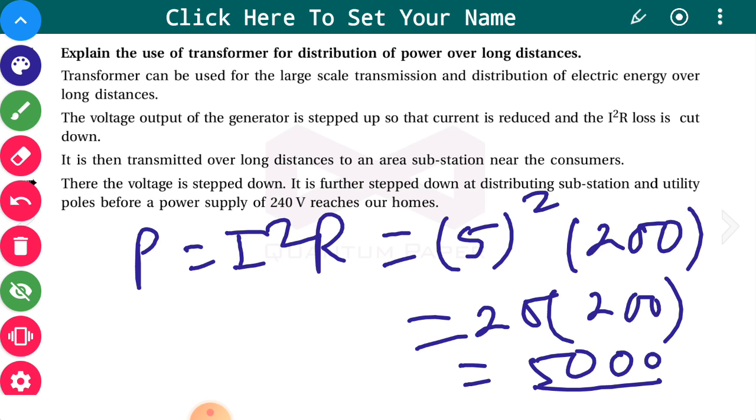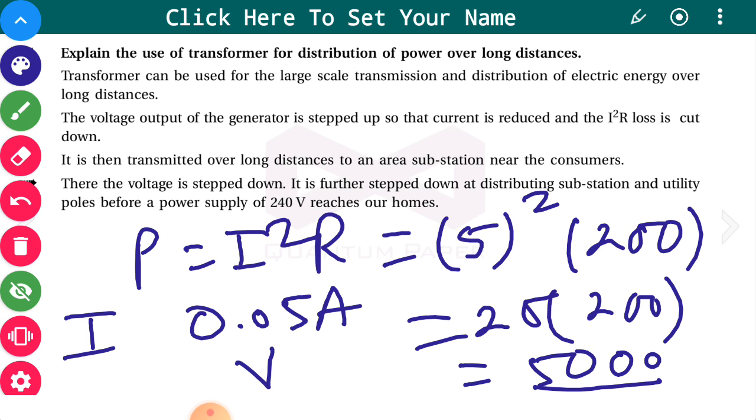So what is done? I is made very small, say 0.05 ampere, and the voltage is made, say, what is our voltage? 240.